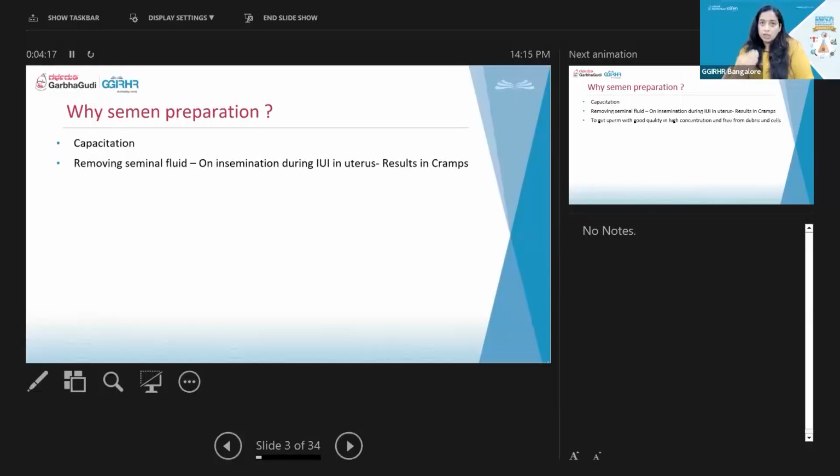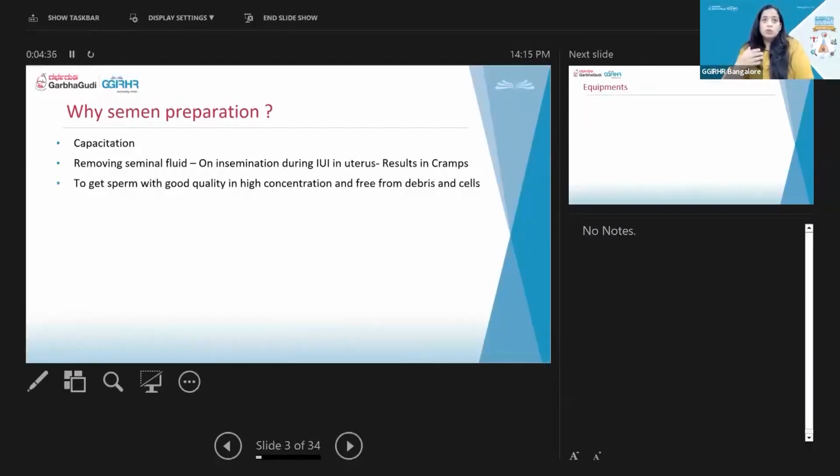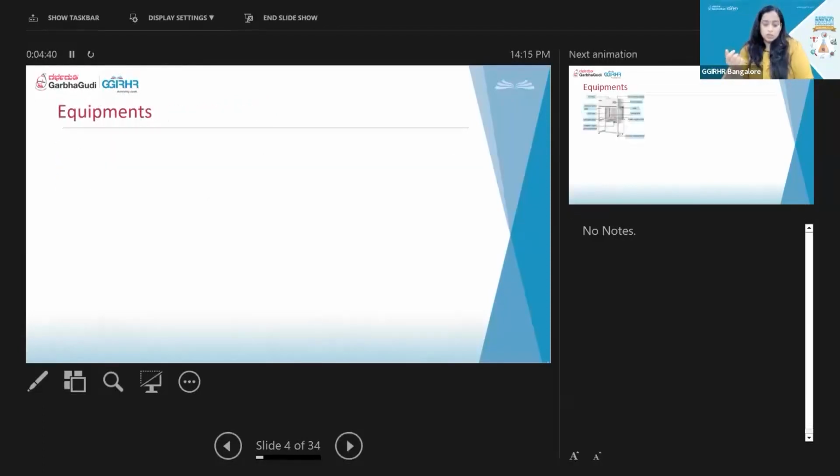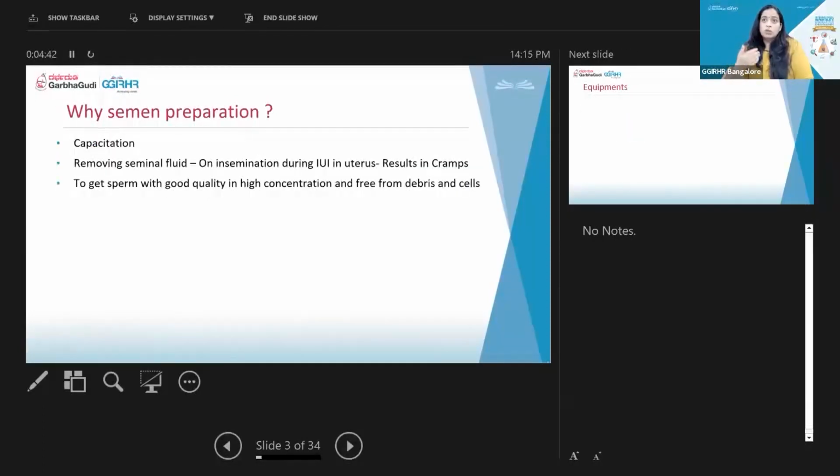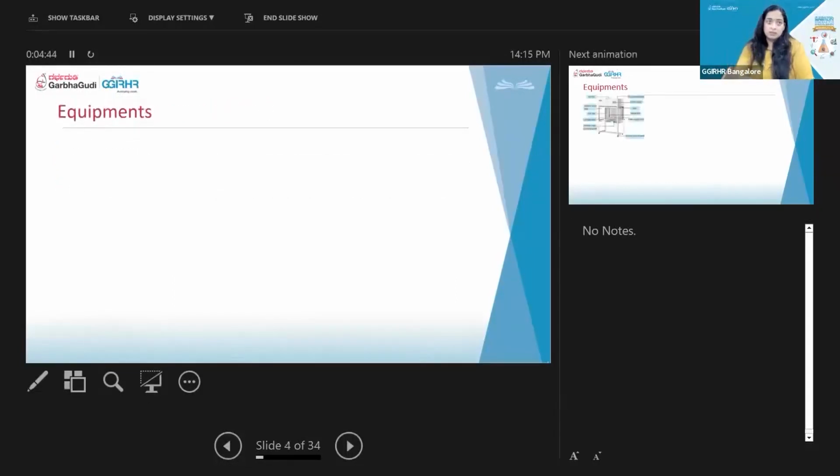To avoid this, we need to remove the seminal fluid, by which we get highly motile sperms in a very small volume, which is useful for insemination in the uterus during IUI. And also to have a good quality of sperms with high concentration, and to remove the debris and the cells.